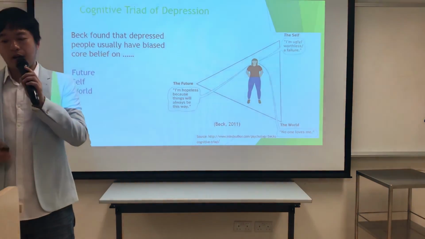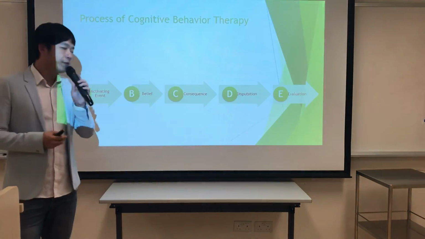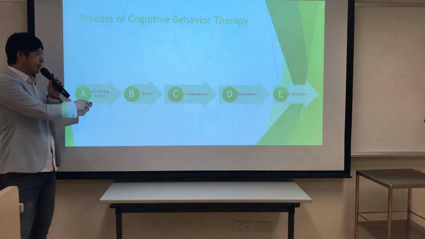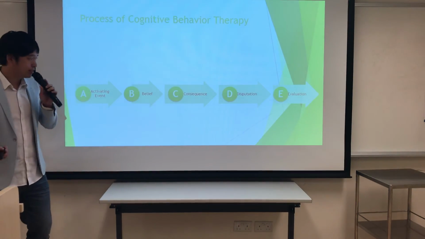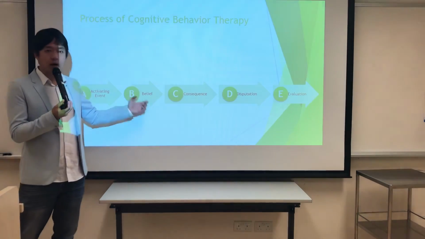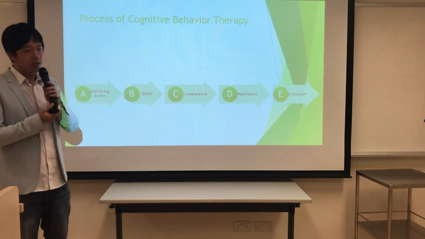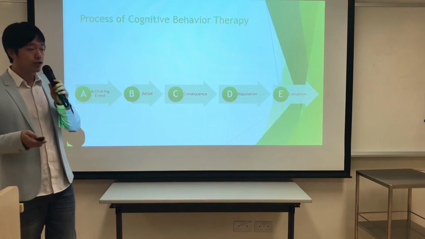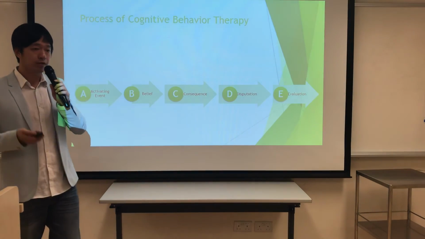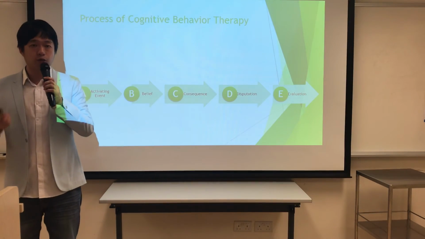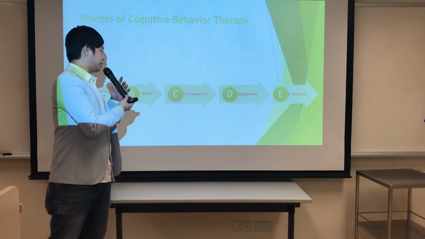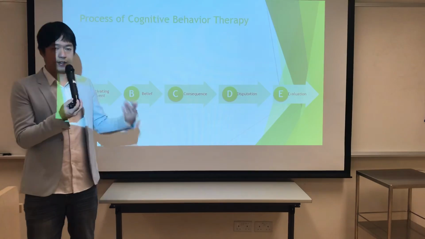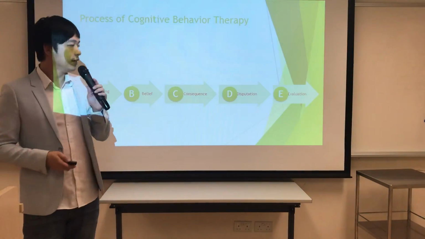So the therapeutic process will be identifying the activating event or the stresses, and then identifying the maladaptive belief system, the distorted thinking patterns about self, world, and future, and investigating the relationship between the belief and the consequences, let's say depressive mood or suicidal behavior.